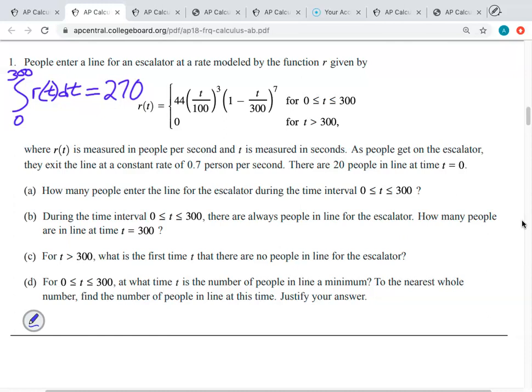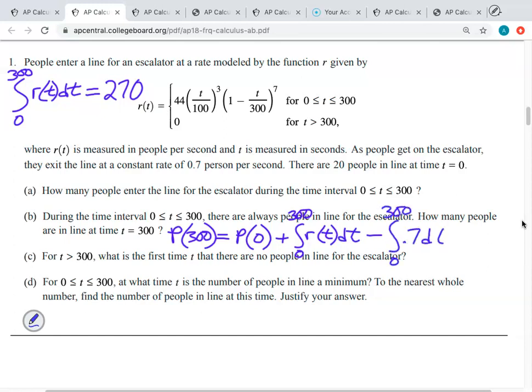So the number of people in line at time 300 is the number of people that were in line at time 0 plus the number of people that entered the line from 0 to 300 minus the number of people that left the line from 0 to 300.